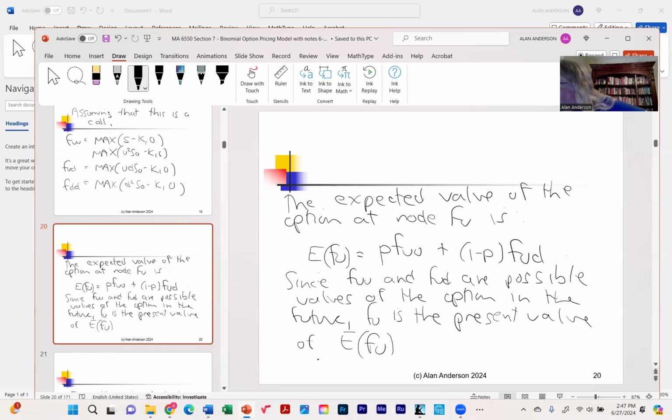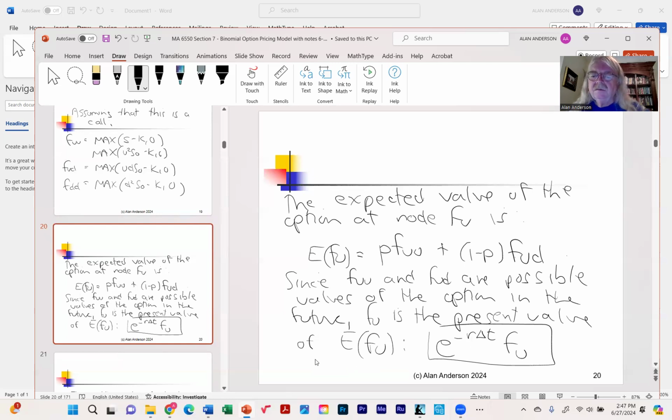In other words, why is it written like that? Because remember, we're using continuously compounded rates of return, and those cash flows, the next time step occurs delta t in the future. So this is how we express the present value of FU.